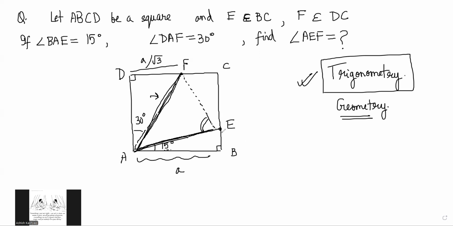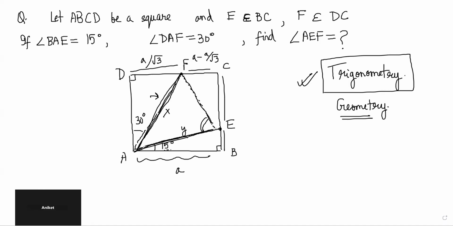I will get everything, this and this, right? By brute force calculation, everybody should be able to find side length x and y. And if you know x and y, technically you can even find this because this will be a minus a by root 3. So all the sides are known.